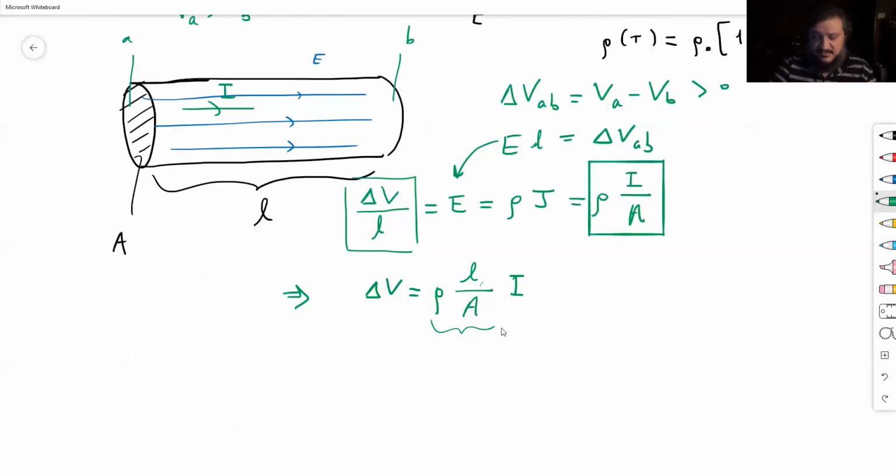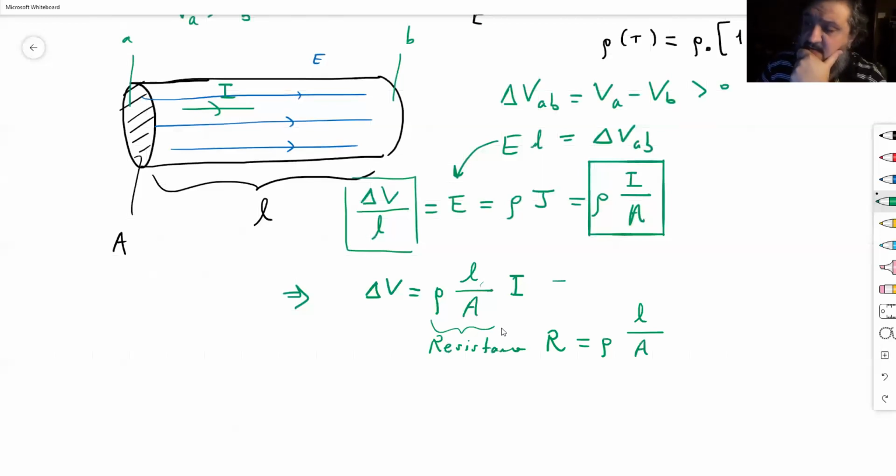If that constant is high, the current will be low. So it's just like this resistivity, but we already use resistivity here, so we're going to call it resistance. Resistance, capital R. Okay, resistance for a metal is rho times L over A.